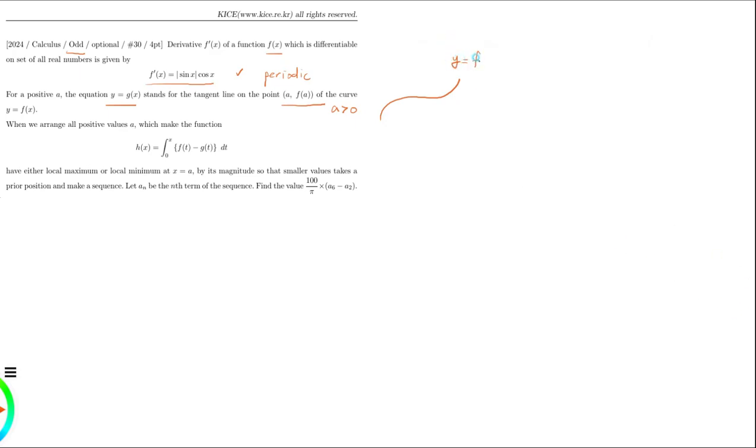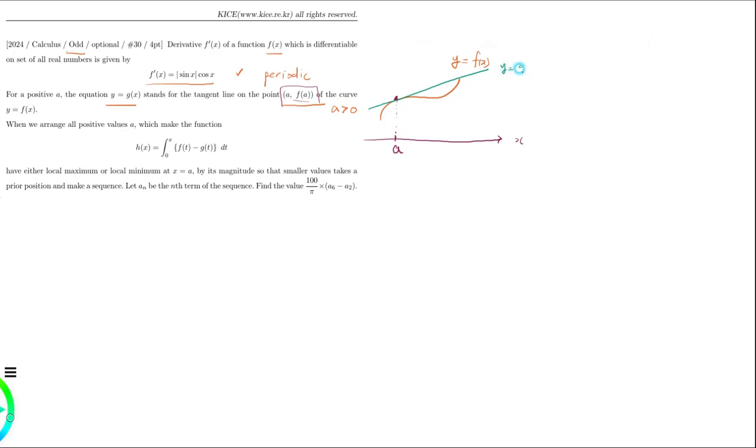When you have a graph of function f, there's an x coordinate, and at the point a here, we have the point (a, f(a)), this point. And then we can draw its tangent line. It looks like this.